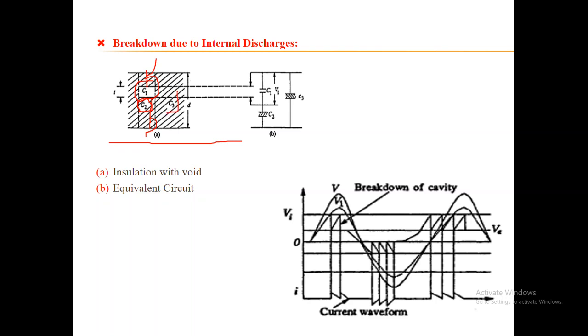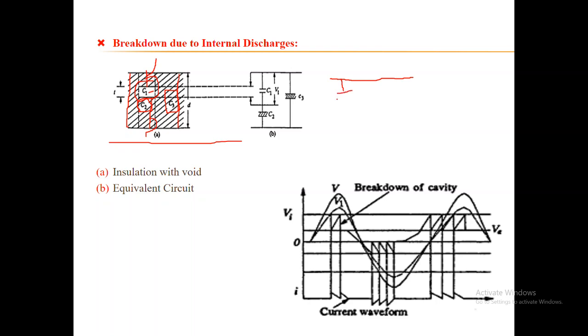C3 is the capacitance of the healthy capacitor, which is in parallel with the capacitance C1 of the void. So C3 is nothing but the equivalent capacitance of the capacitor that you can observe at this side and the capacitance at this side. If I draw a real picture for this, it can be represented like this.